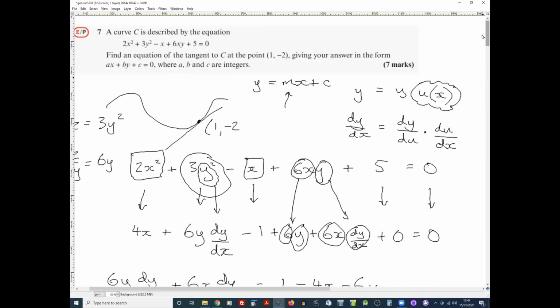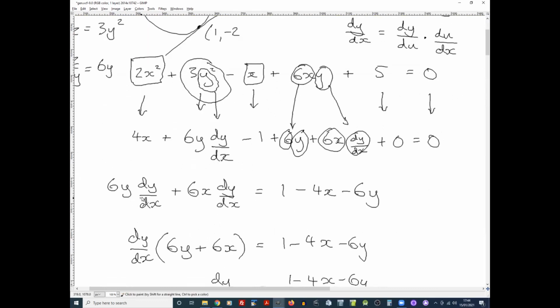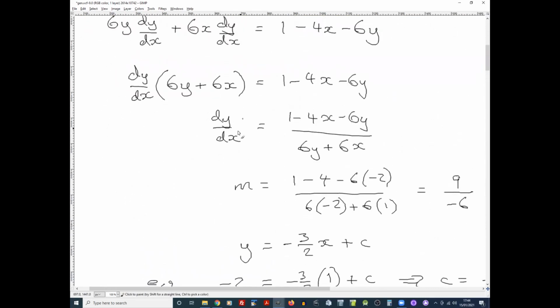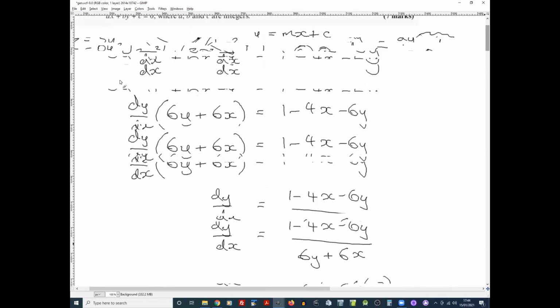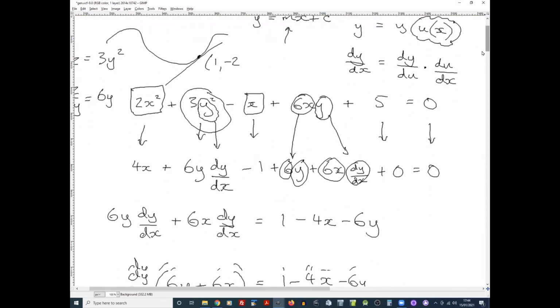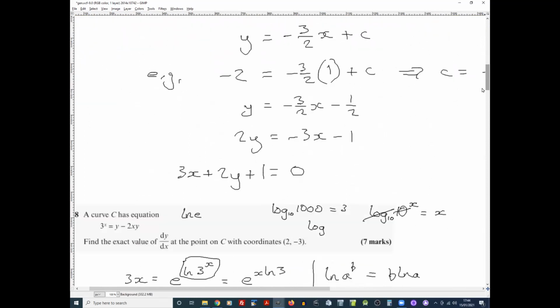Every time you've got a graph of y against x, you could draw the graph of dy dx against x. We call that the gradient function of the original function.